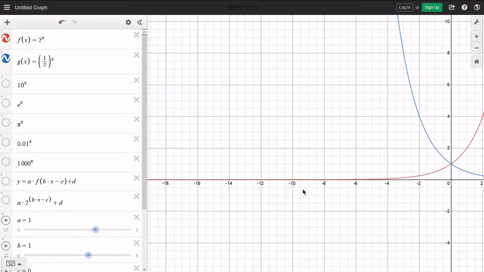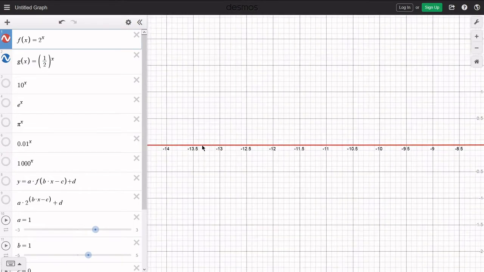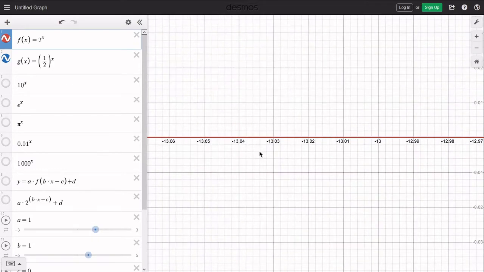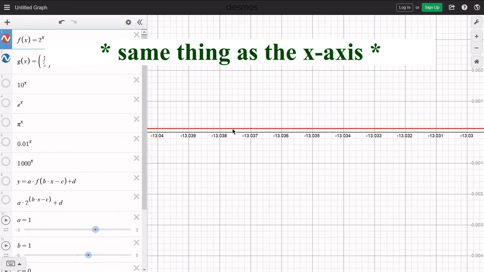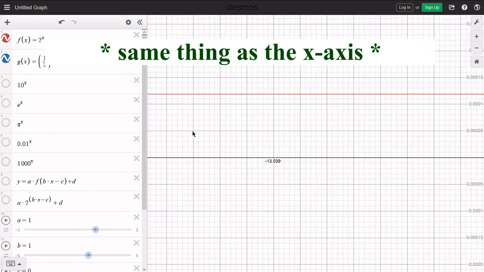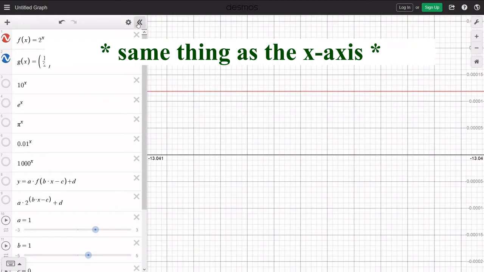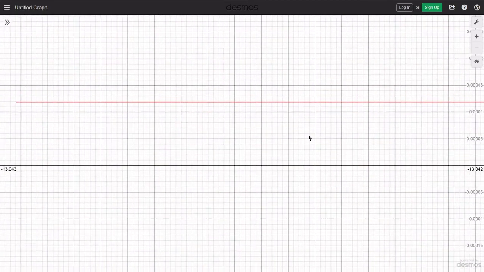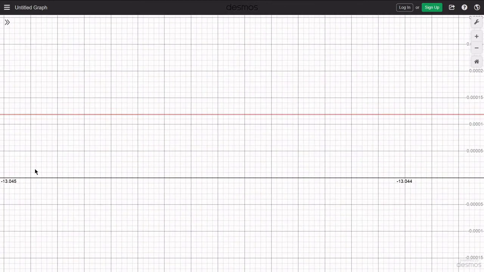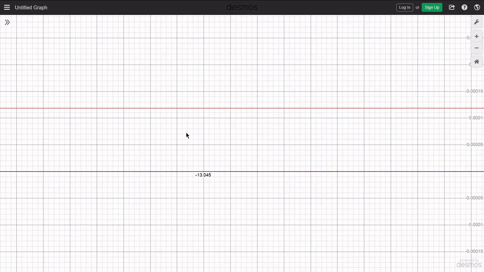And for both of these, you can see here that this line gets very, very close to the axis. It looks like it's the same thing, but there you go, it's not the same thing. I had to zoom in quite a ways to show that. And as you keep going more and more to the left, this will get closer and closer.